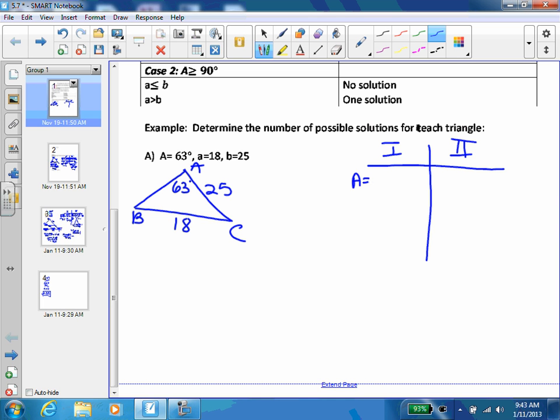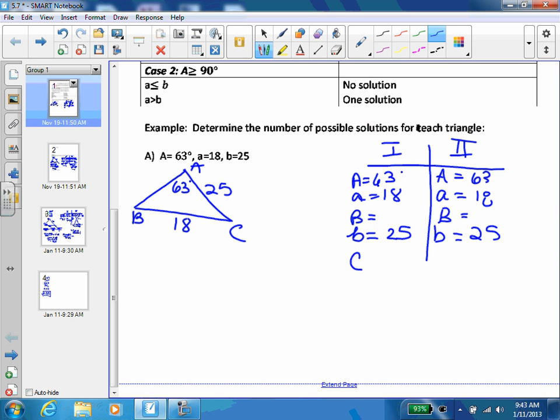A is 63, side A is 18. Angle B, I don't know. Side B is 25. And I don't have any information on angle C or side C. And so we can say that the sine of B over 25 equals the sine of 63 over 18.